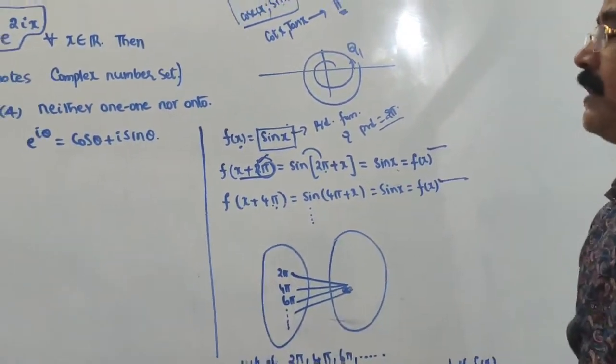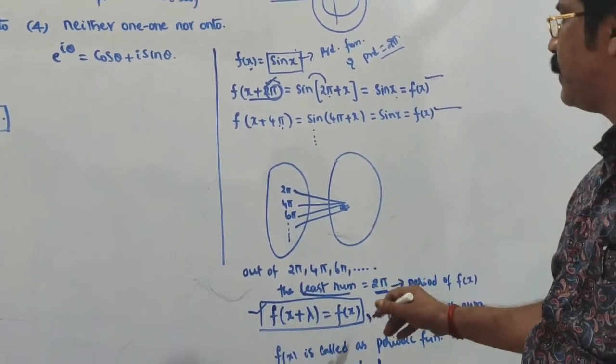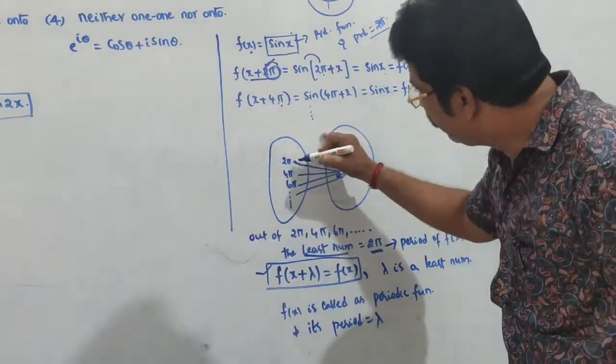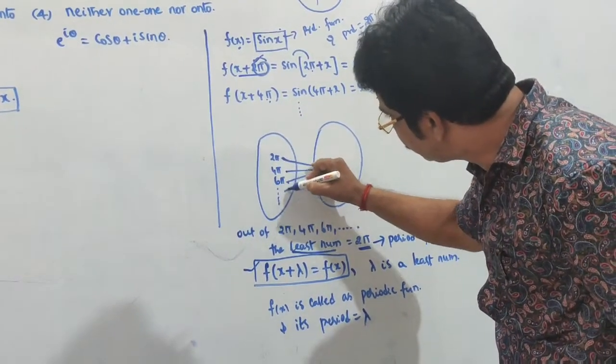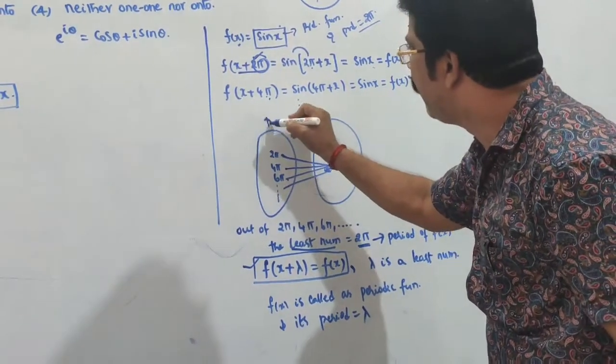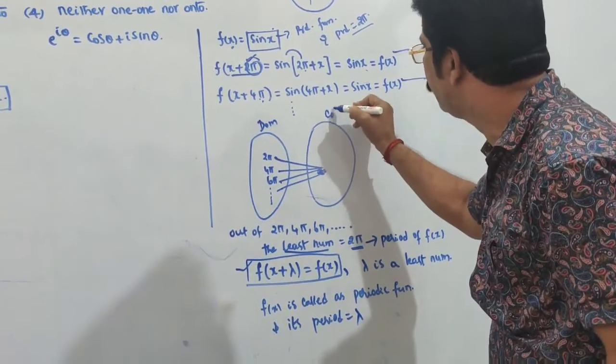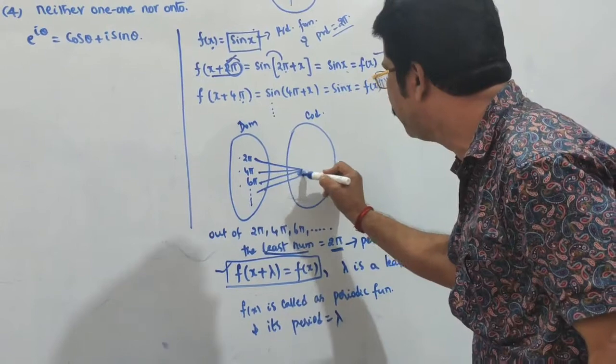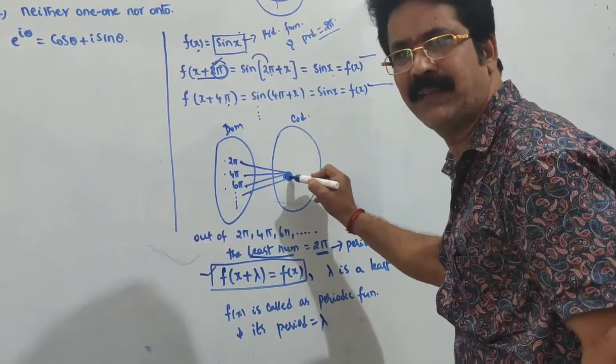You can ask me, sir, what is the need of introducing this word periodic? Here we observe that in the domain set, so many elements are mapped to only one element in the codomain.